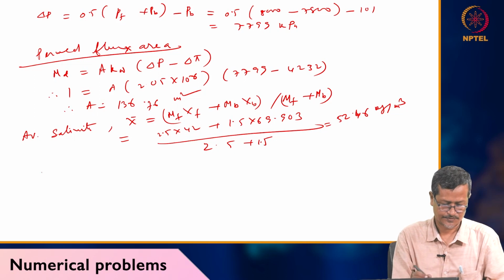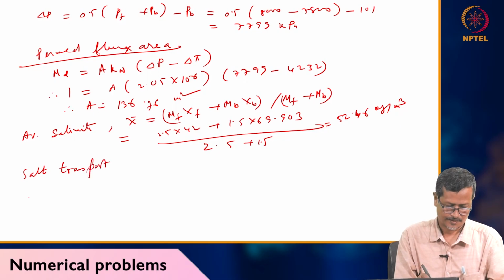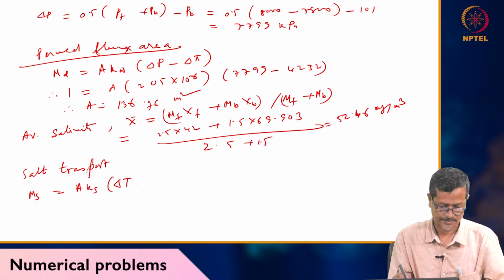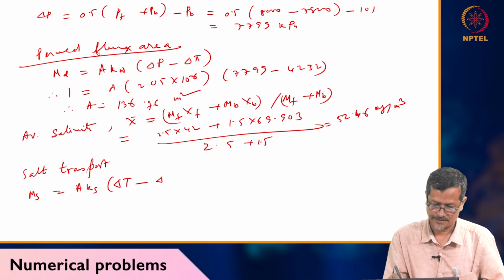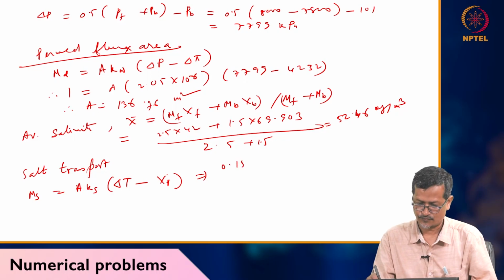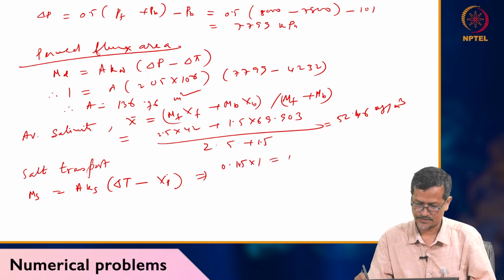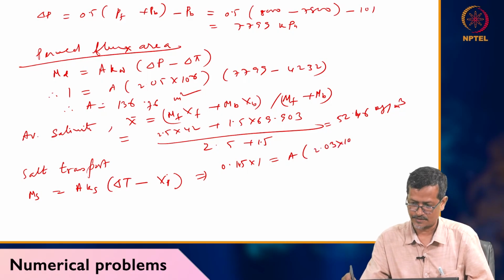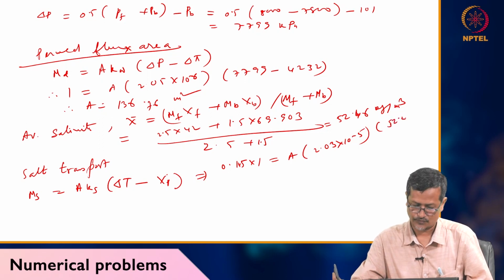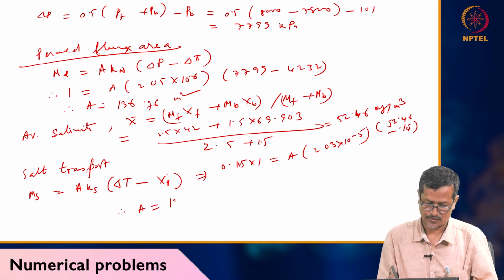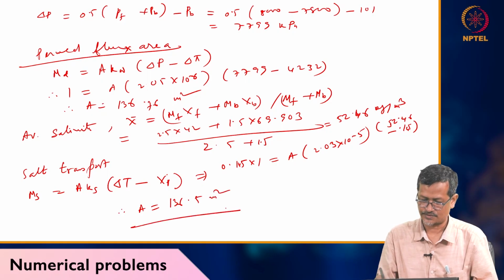So the salt transport, Ms equals A Ks del X minus Xp. 0.145 into 1 equals A times 2.03 10 power minus 5 times 52.46 minus 0.145. So this is giving A equals 136.5 meter square. So this is your area.